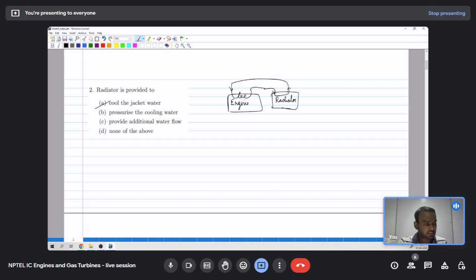The radiator is generally provided with a fan, and in some cases there could be a cooling water pump. These depend on the kind of cooling system we have, and sometimes it is thermosiphon, or sometimes only a thermostat is controlling this flow, and so on.